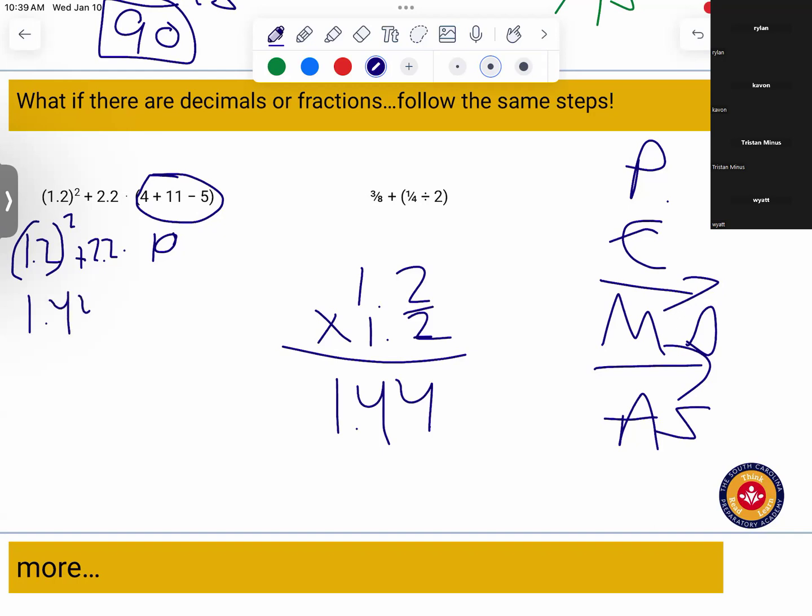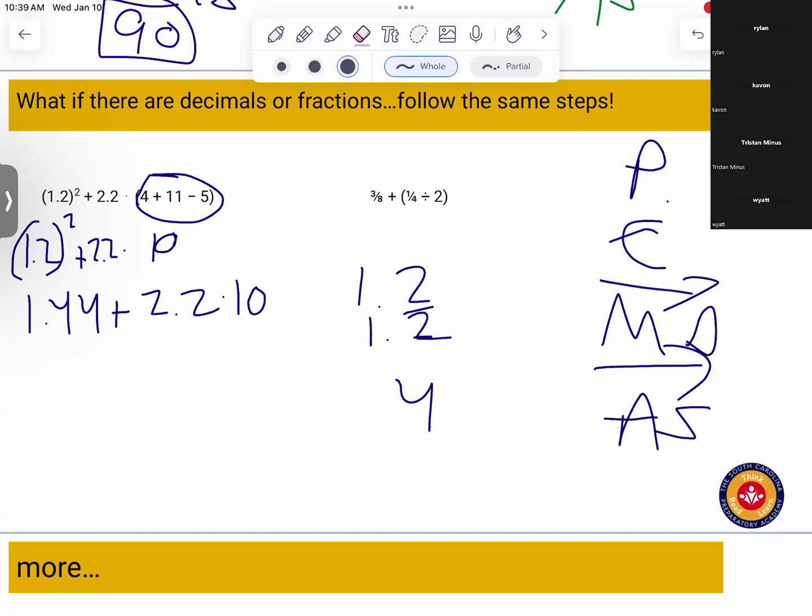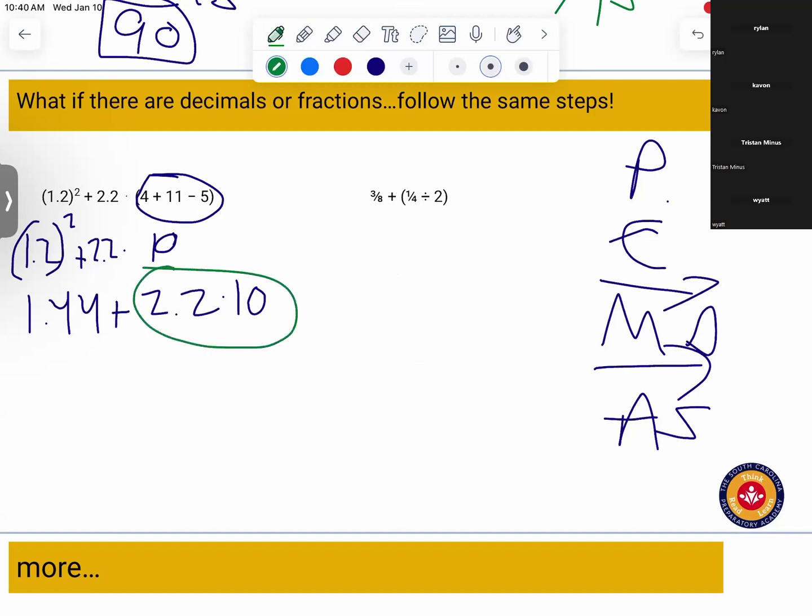So 1.44 plus, and then I would recommend that you go ahead and write the 2.2 times 10 right here instead of trying to do that all in one step. Again, the more steps you try to do at once, the more mistakes you will make. Next one's going to be, so we have adding and multiplying, so we need to multiply first. 2.2 times 10 just means move the decimal over 1.